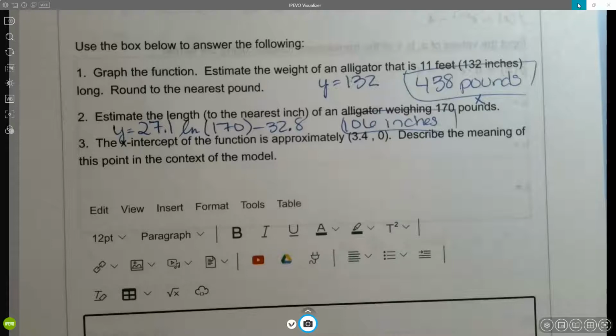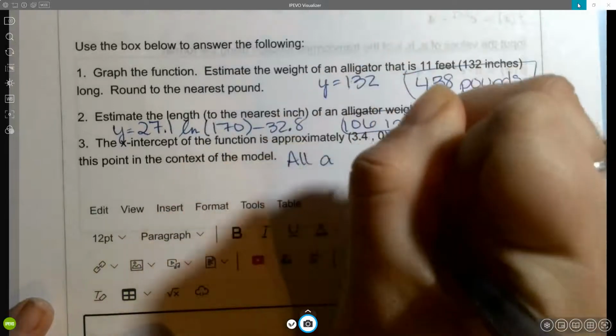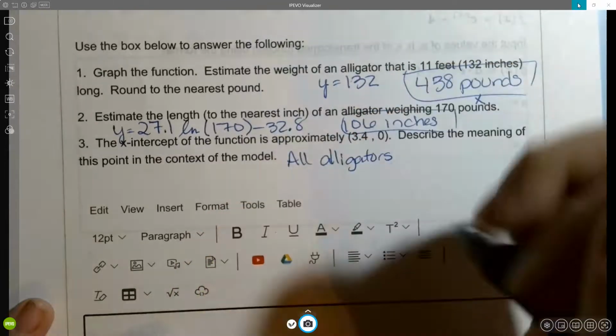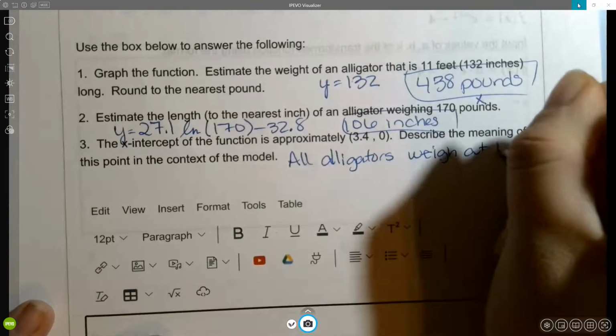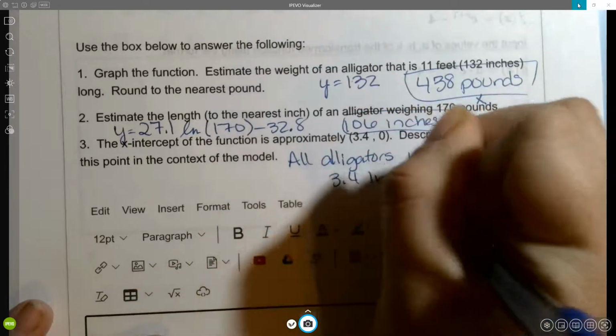This means that all alligators weigh at least 3.4 pounds.